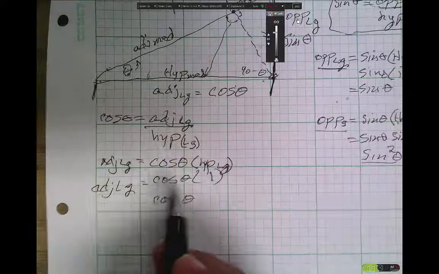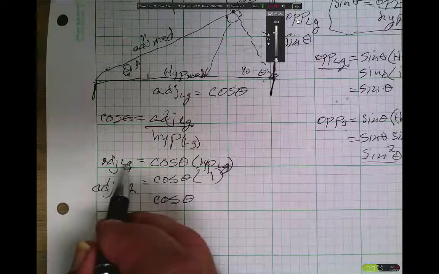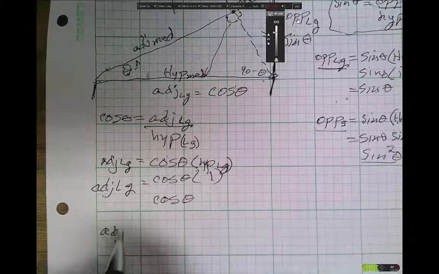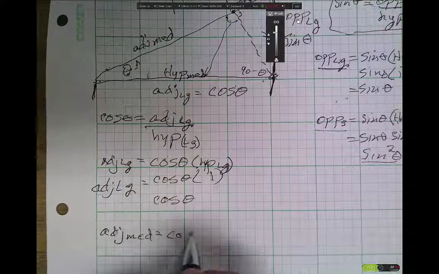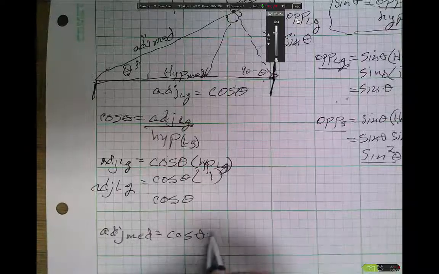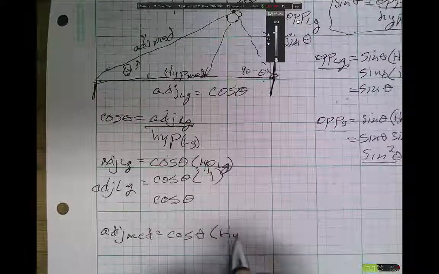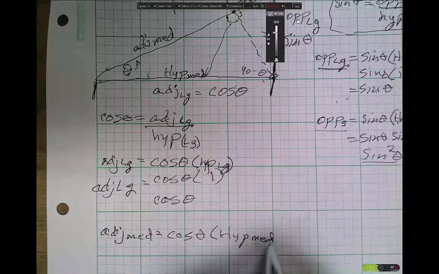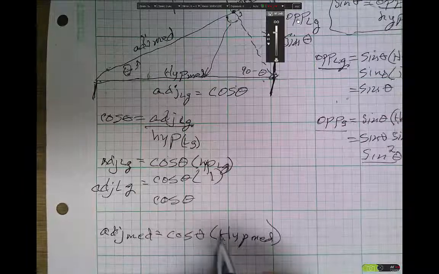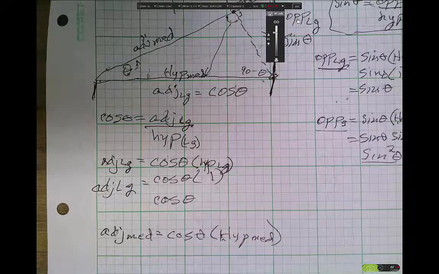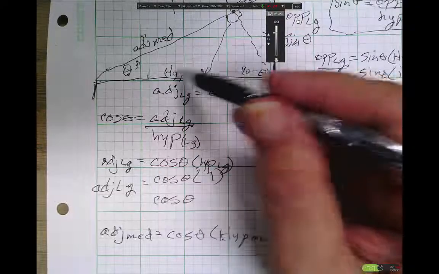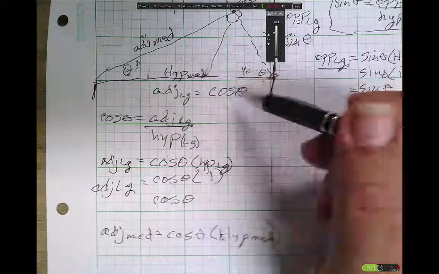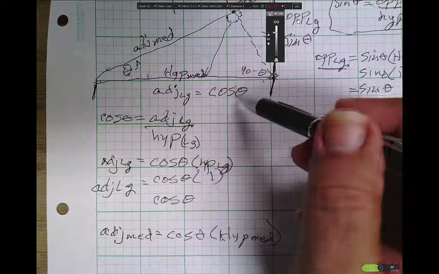Okay, so putting these values into this equation, using this equation again, I'm going to calculate ADJ medium. And that's simply the cosine of theta times the length of the hypotenuse medium, the hypotenuse for the medium-sized triangle. So we can see that the hypotenuse for the medium-sized triangle is this line segment, and the symbology for its length is cosine of theta.